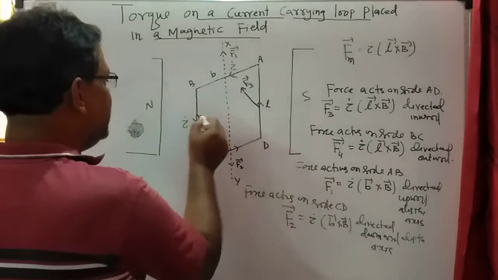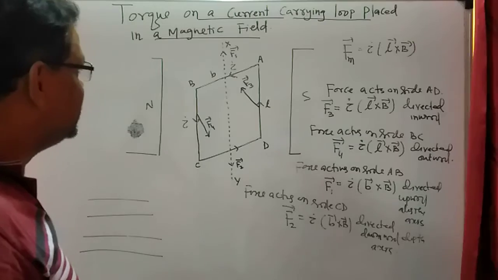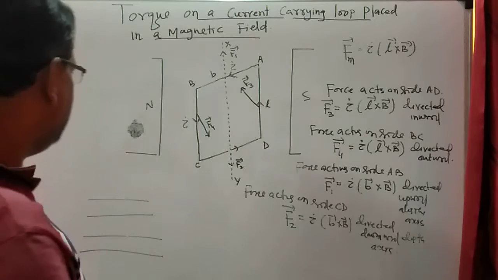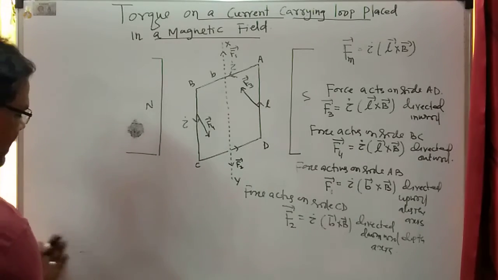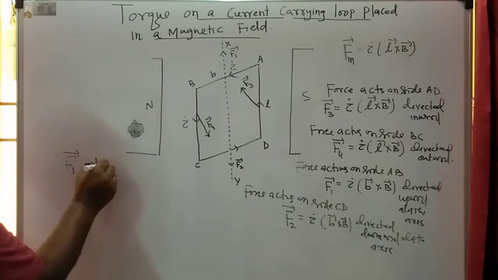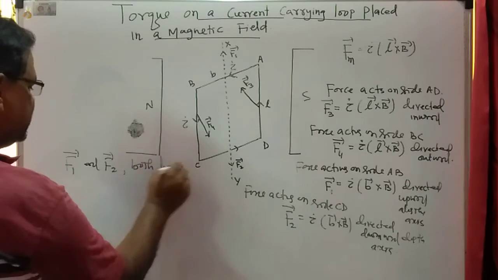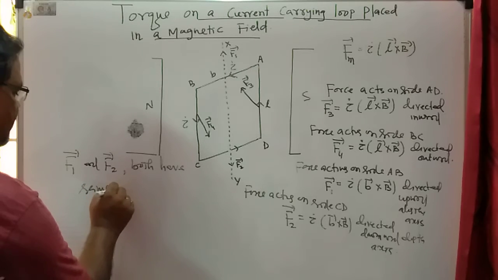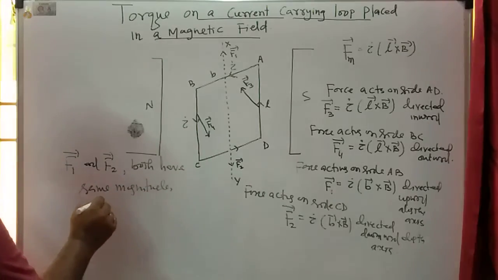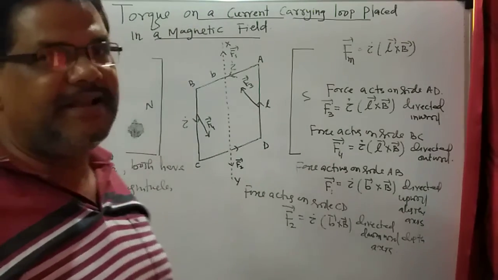One is directed inward, one outward, one upward along the axis, and one downward below the axis. Both the forces F1 and F2 are equal in magnitude, oppositely directed and acting along the same line of action, so they cancel each other.